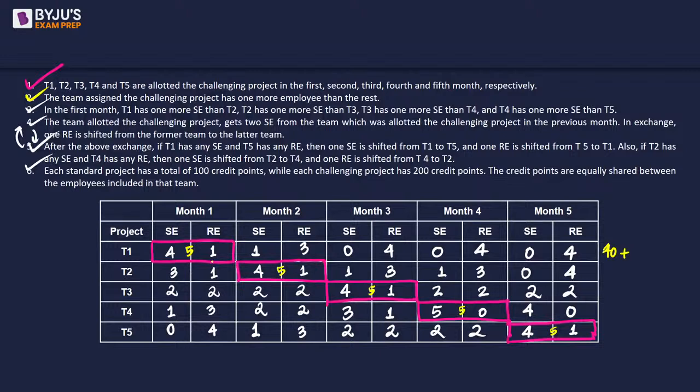So suppose first month mein it is going to be 40 and then it's going to be 25 into 3. Right? Sorry, 25 into 4.